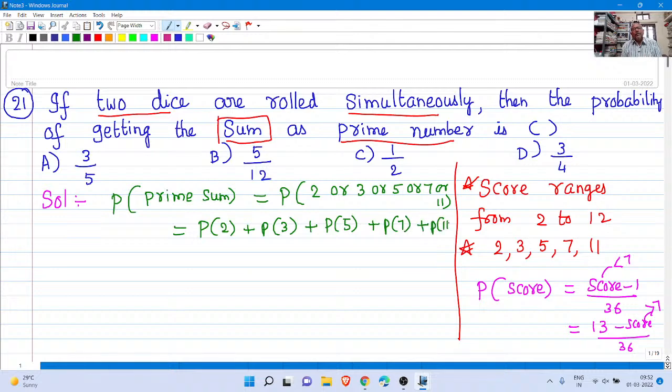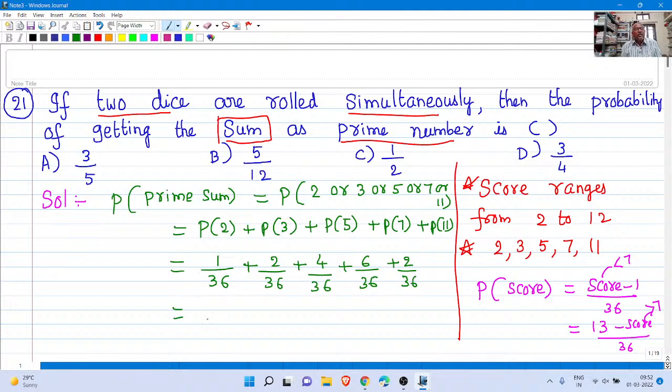Don't worry. The probability of getting sum 2, here 2 is less than 7, then score minus 1: 2 minus 1 is 1 upon 36. Score 3, less than 7: 3 minus 1, 2 upon 36. Score 5: 5 minus 1, 4 upon 36. 7: 6 upon 36. 11 is more than 7, so 13 minus 11, that is 2 upon 36.